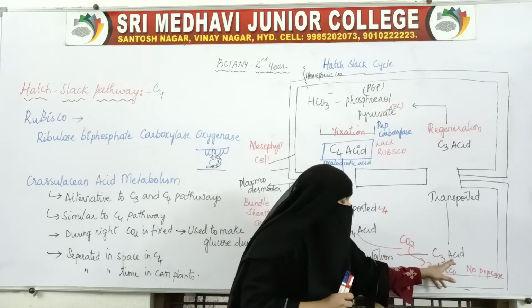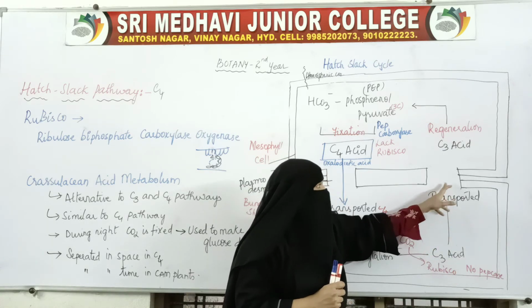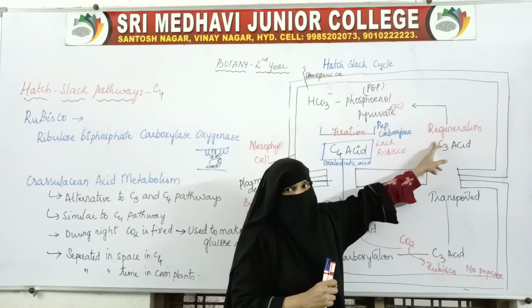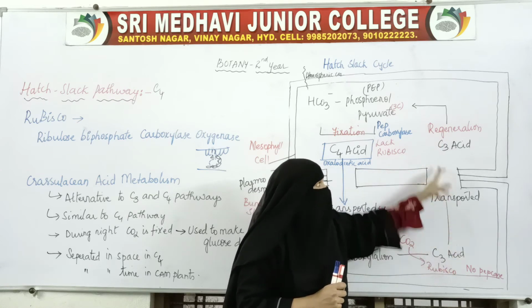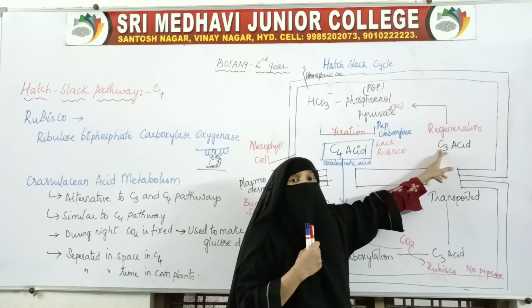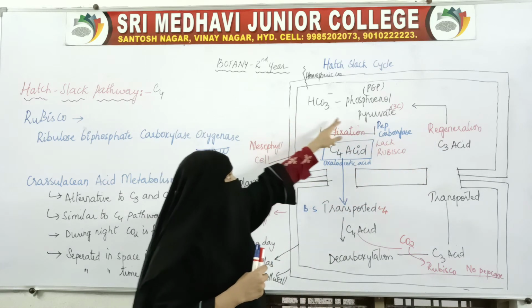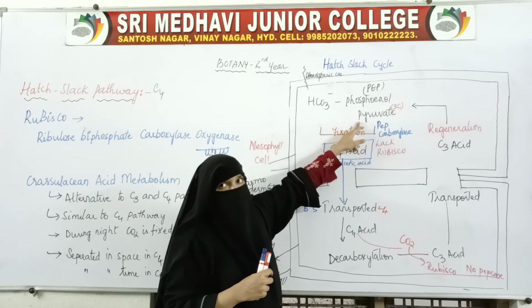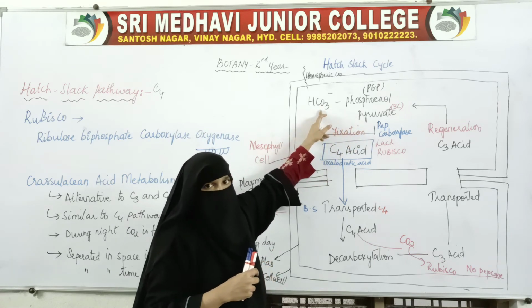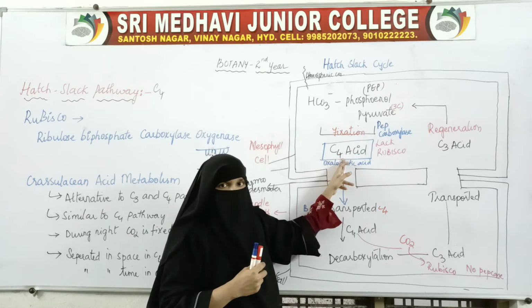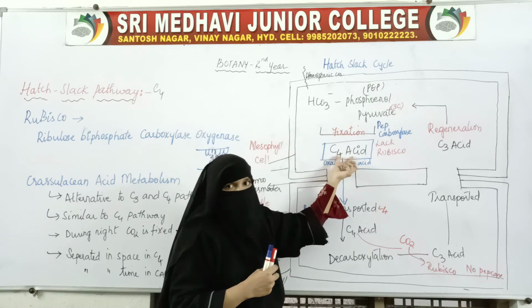Now the C3 acid will be transported again to the mesophyll cells. First, the 3-carbon compound phosphoenol pyruvate combined with carbon dioxide, and fixation of carbon dioxide took place with the formation of a C4 acid.